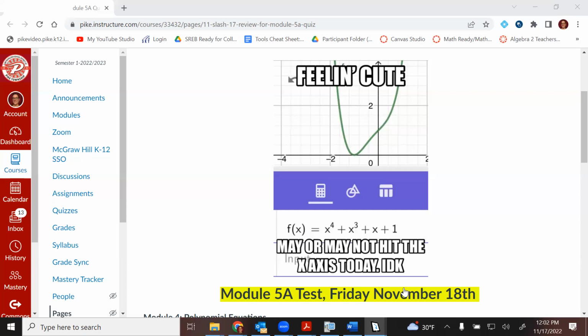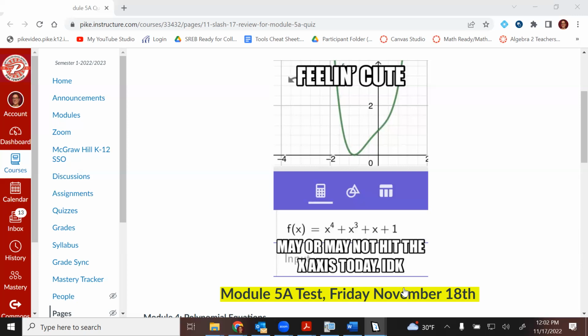Number 6 is a lot like the second one on the bell work. I'm going to do my area model. So you do a box. I put negative x in the bottom right, x cubed in the top left, then 2x squared in the top right, and then negative 9x.